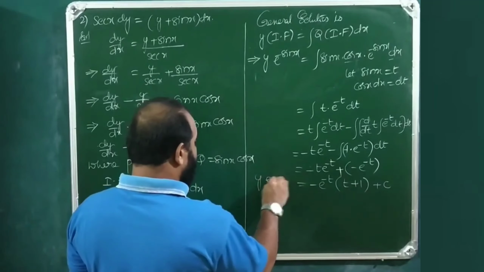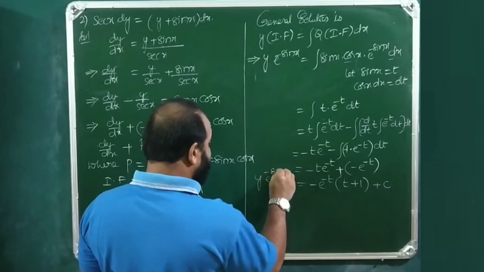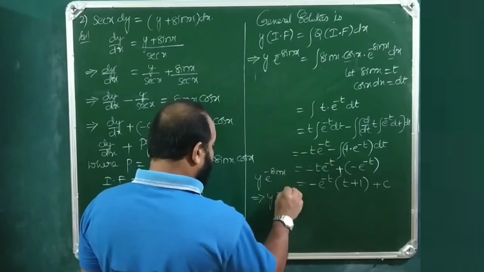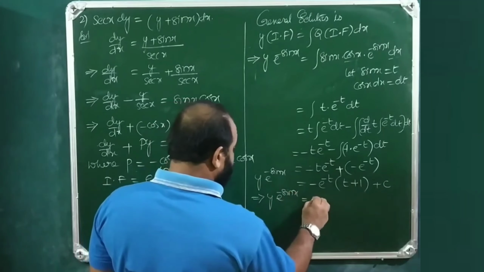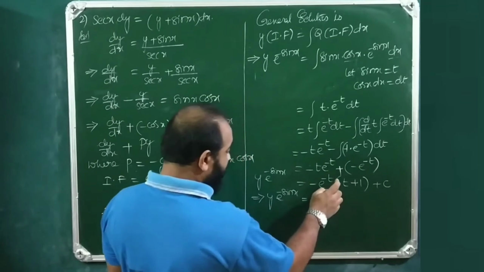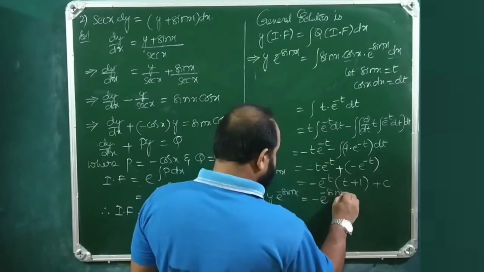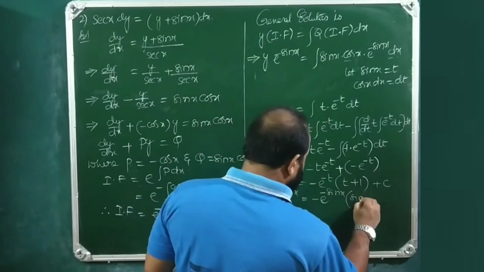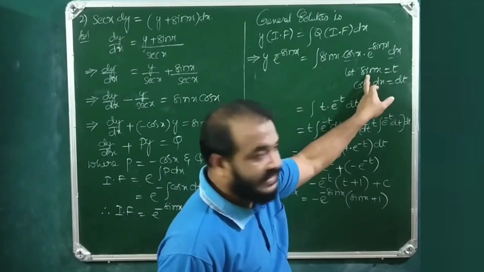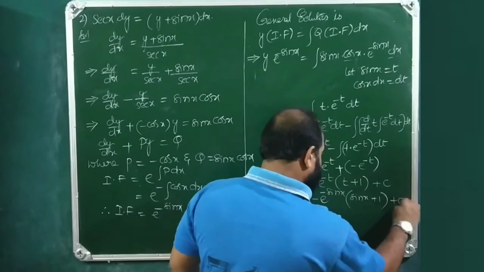This is equal to y into e power minus sin x. So y into e power minus sin x is equal to minus e power minus t into sin x plus 1, because t is sin x, plus c.